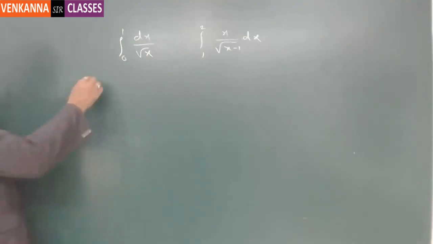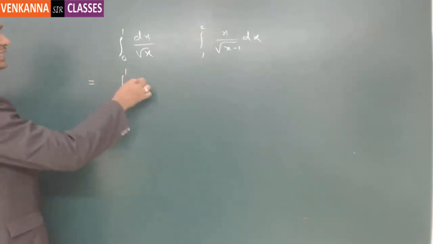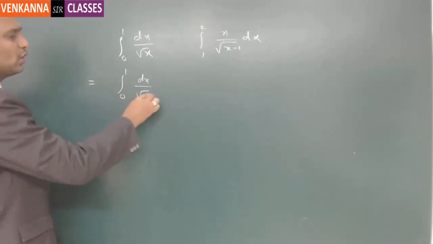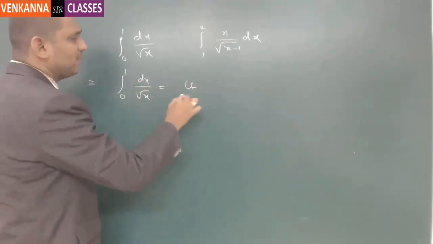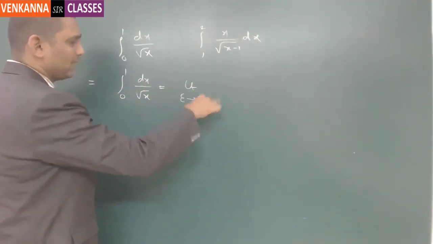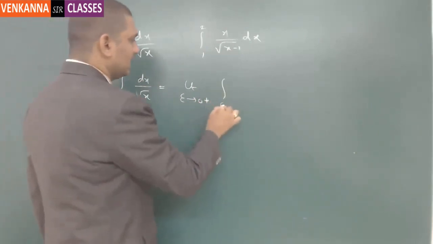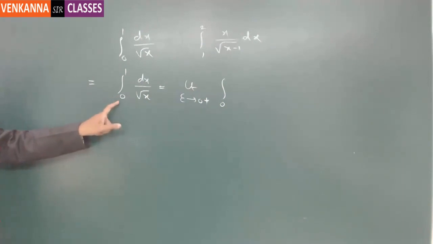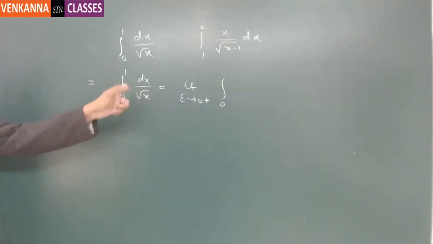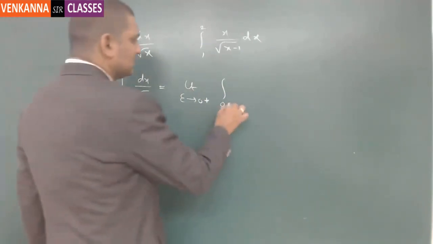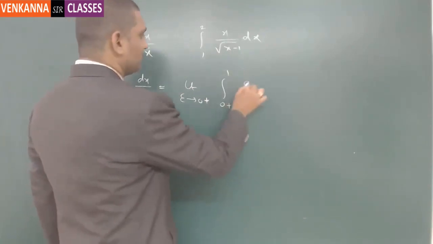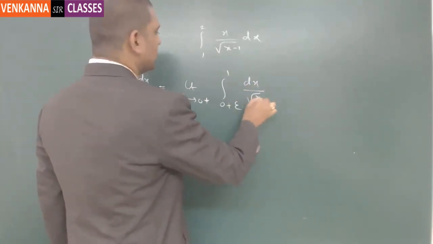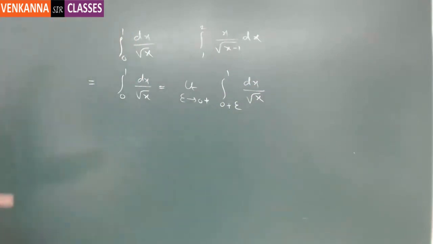So it is just like applying the limit as it is. The only thing we do is, while considering this integral, we will apply the limit as limit epsilon tends to 0 plus, integral. So here 0 will be replaced with 0 plus epsilon. So you can take it as 0 plus epsilon to 1 dx by root x. So this is the modification we do in the calculation of the integral.